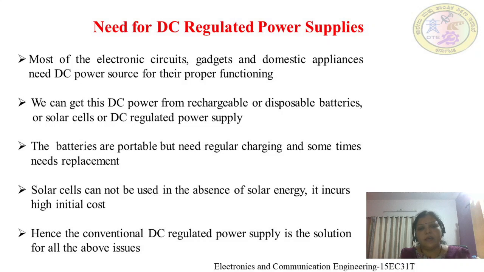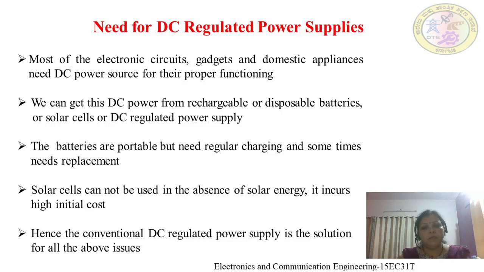Hence, most of the time DC batteries are not a reliable or advisable option for the continuous requirement of a DC power supply. So the battery option is largely ruled out, but in some cases we still use it, where we cannot use a wired connection, for portable articles or gadgets.